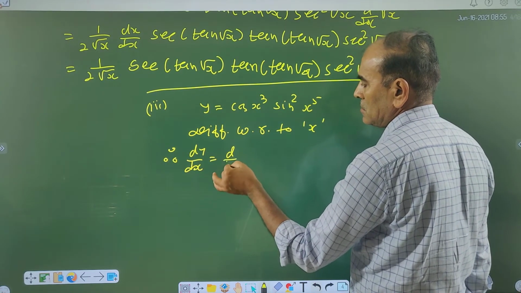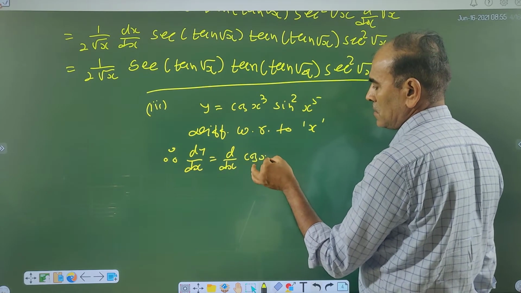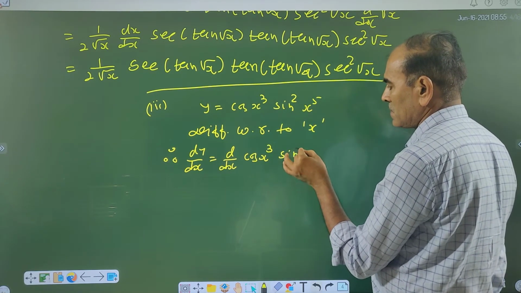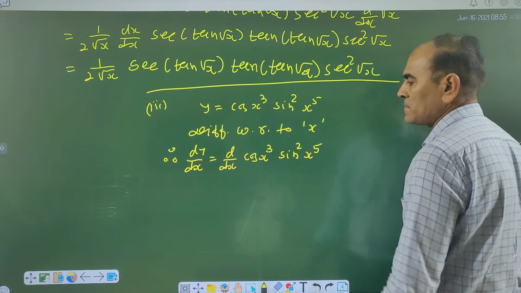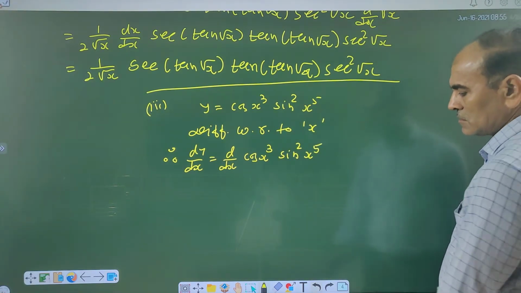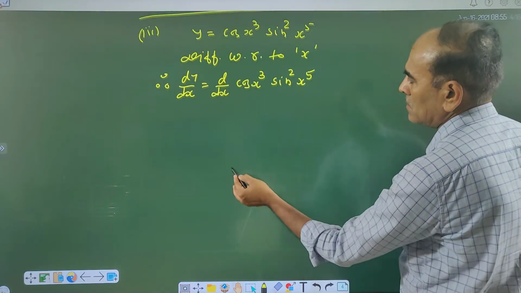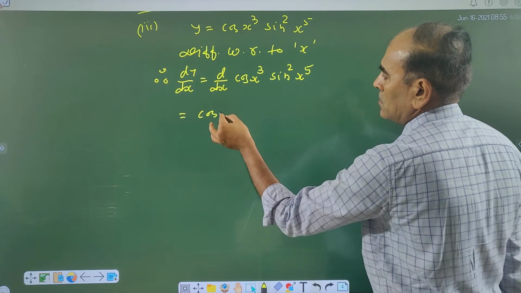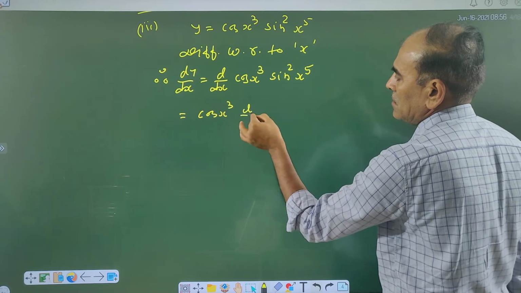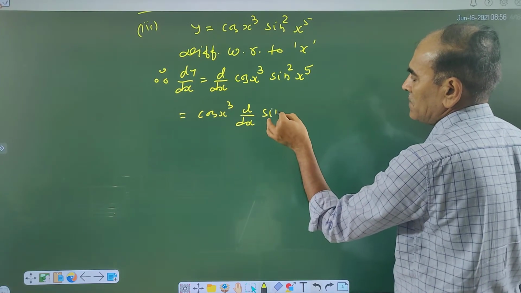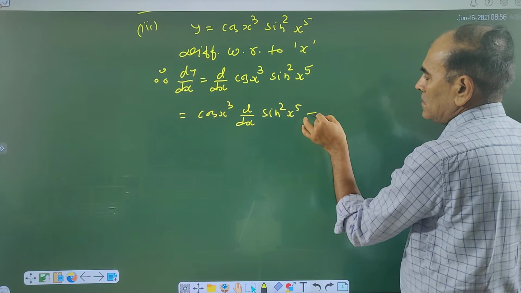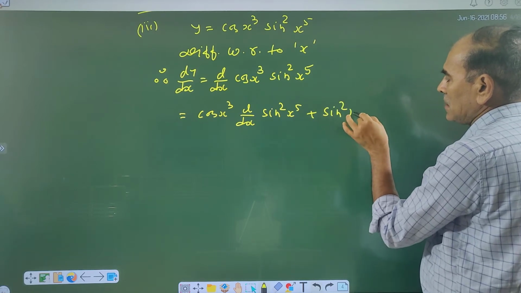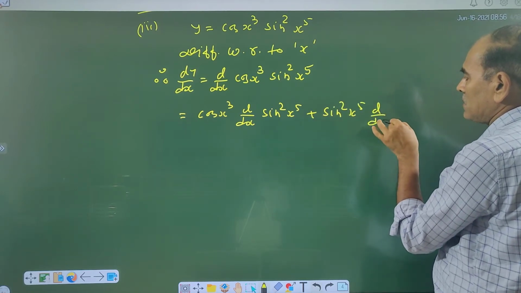And therefore dy by dx is equal to d by dx of cos x cube sin square x raised to 5. So apply the product rule: first function as it is, derivative of second function, plus second function as it is, derivative of first function.